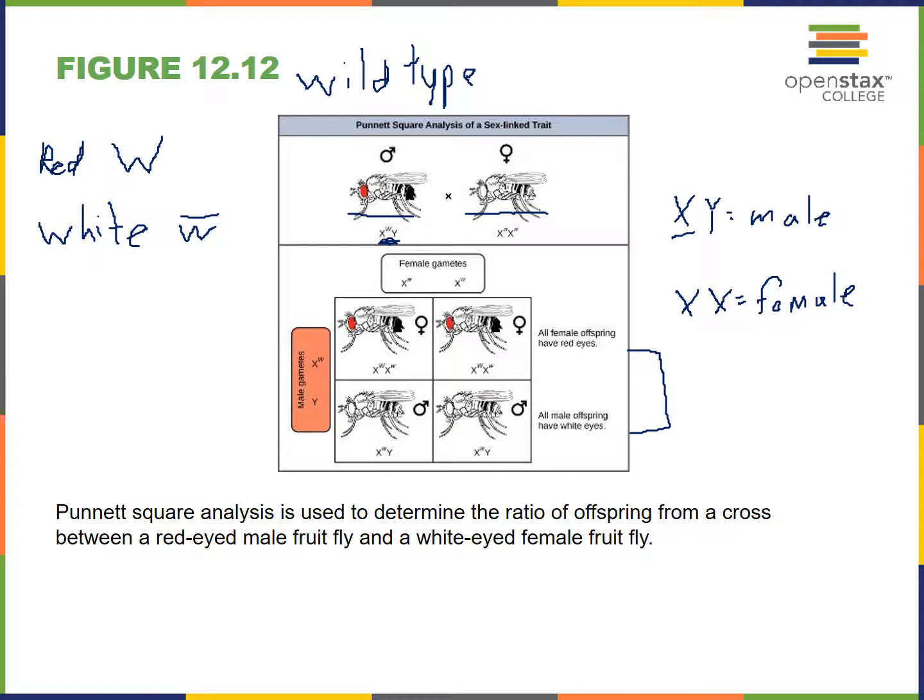But interestingly, all the red eye flies were female, and all the white colored eyes were male. So it switched from the parents. And so this was one of the first experiments that showed that some genes are sex-linked.